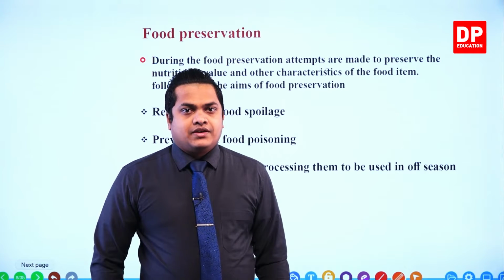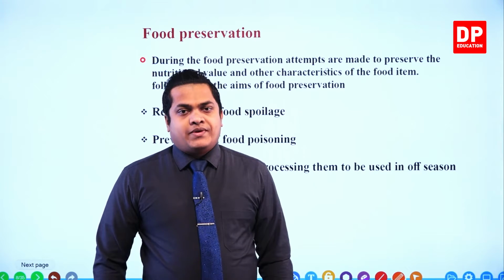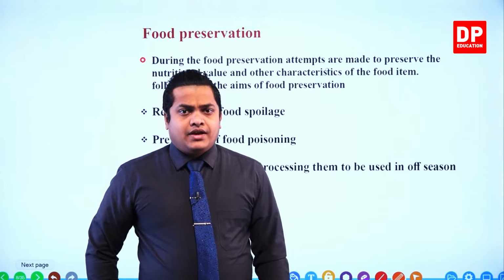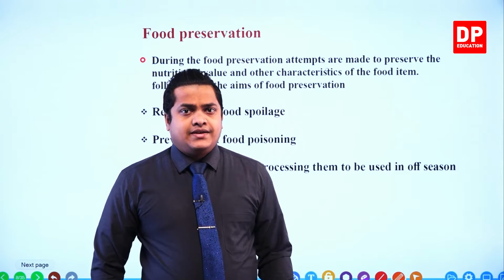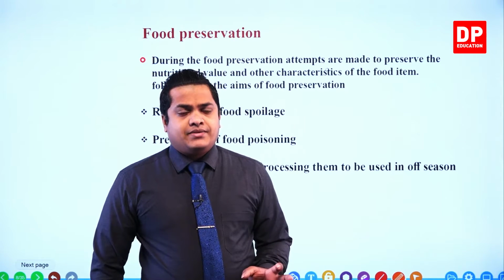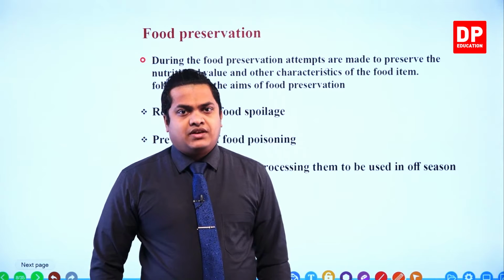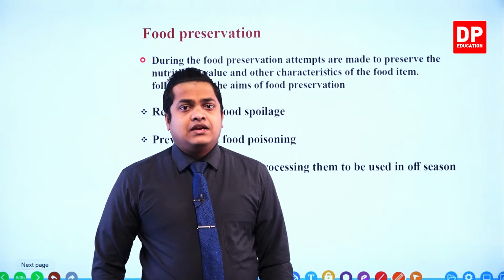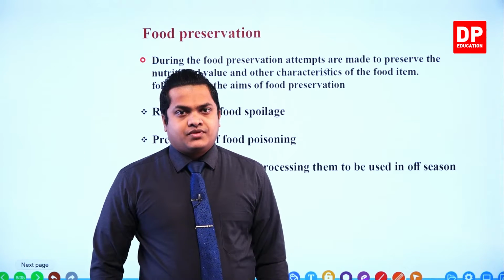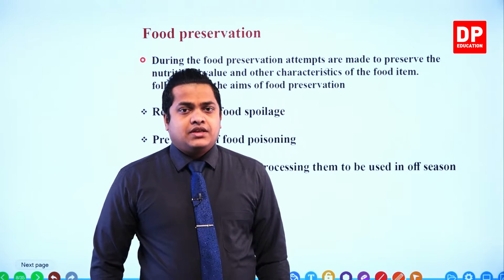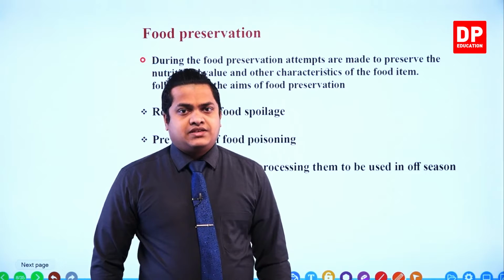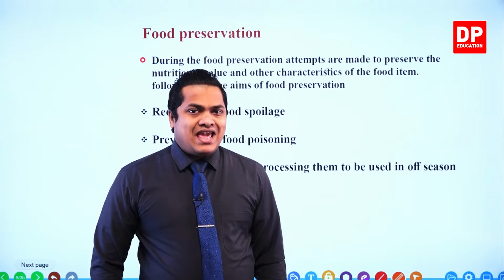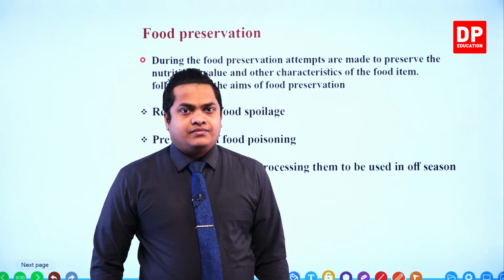So my dear children, this is also a main reason for preserving food. If they are seasonal food items, we can consume them even in the off season. So these are the main aims of preserving food.